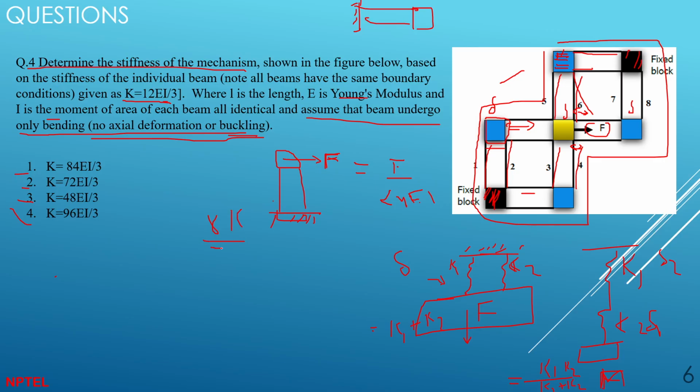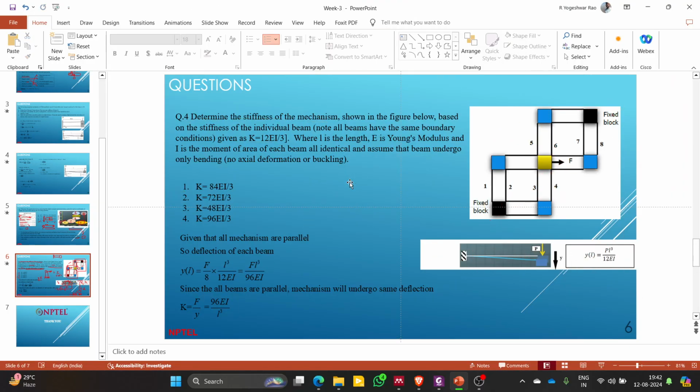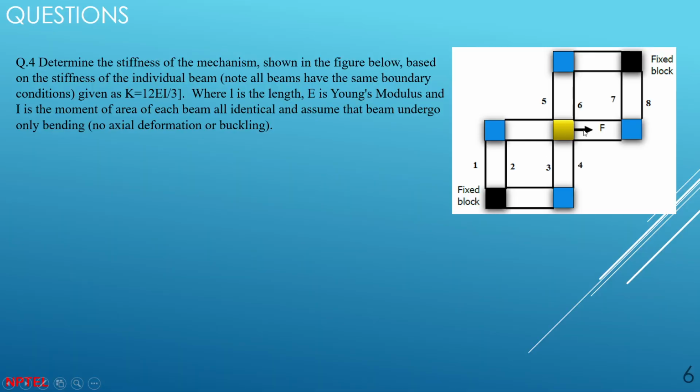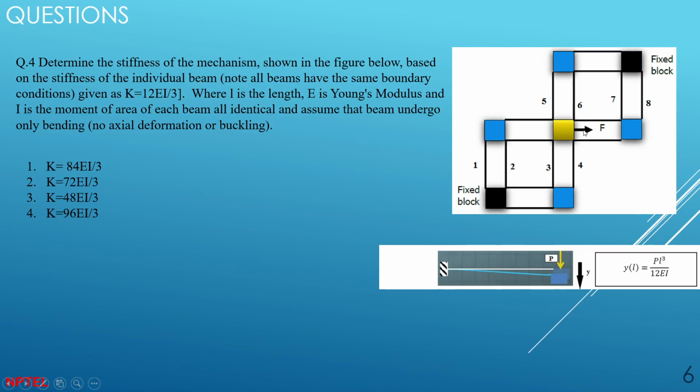Or the other thing we can do to solve this kind of problem is to go with the same method. If you have applied some kind of force F here, what you need to do is distribute that force into F by 8.